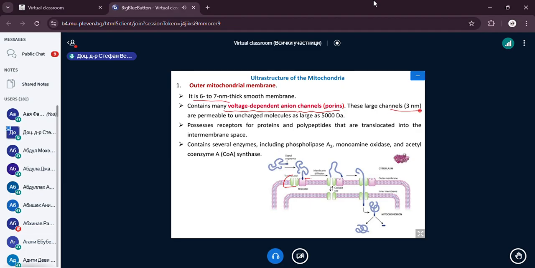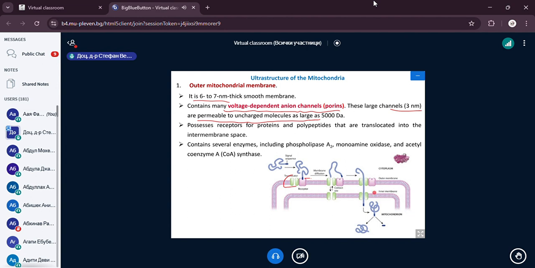The diameter is up to 3 nanometers, which are permeable for uncharged molecules with a weight of up to 5,000 Daltons, or 5 kilodaltons. The outer mitochondrial membrane is very similar in structure and function to the plasma membrane.